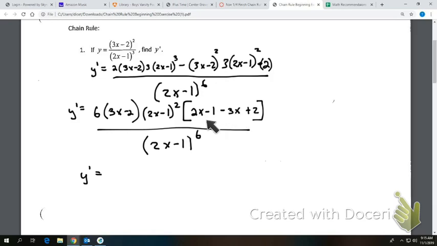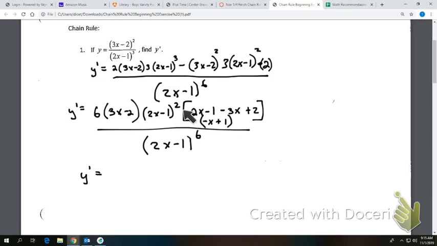What's this bracket become? It becomes negative x plus 1. Okay? You can leave it like that. Sometimes your textbook's factoring out a negative, and they put a negative in front, and then they make this x minus 1. Have you guys noticed that? I'm okay if you don't, but if you did, that's fine.